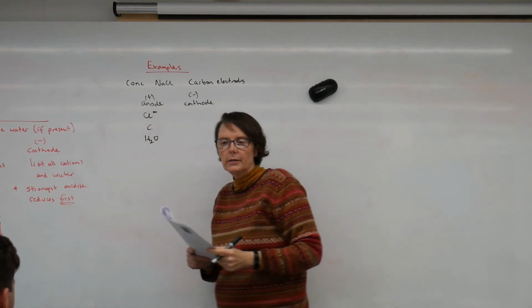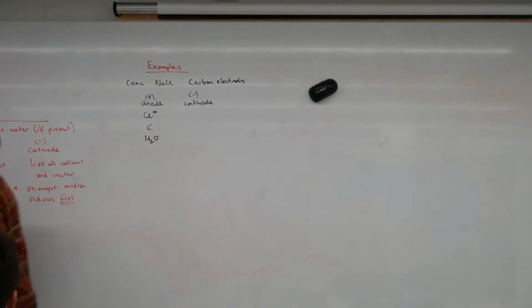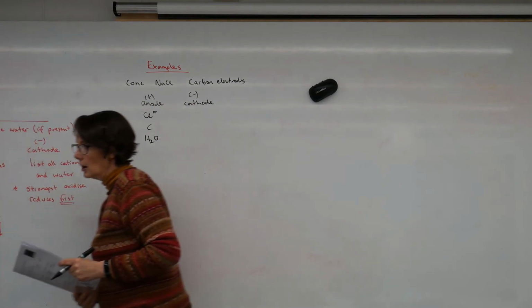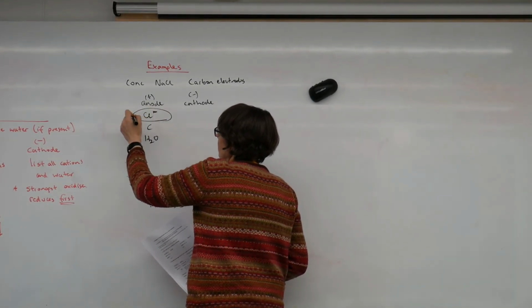And if we looked at the electrochemical series, we would think to ourselves, oh well, water is a stronger reducer than the chloride ion, and so under normal concentration conditions, we would expect to oxidize the water in preference to the chloride ions. But in high concentrations, the chloride ions are oxidized in preference. Okay, so this is from observation.